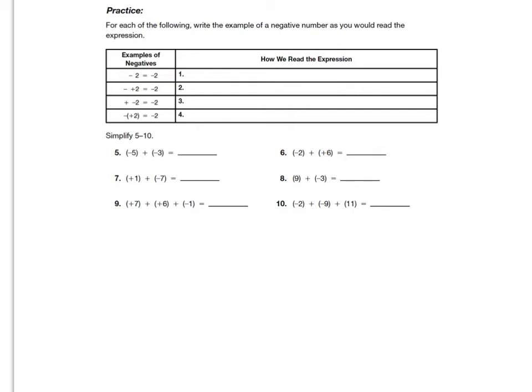So let's simplify down below. Here we have symbols of enclosure around a -5 and a -3. But if we cleaned that all up and took everything away, the first one can only have one sign. So I'm just going to write that. The first one is -5. I don't need the parentheses. They're not doing anything.